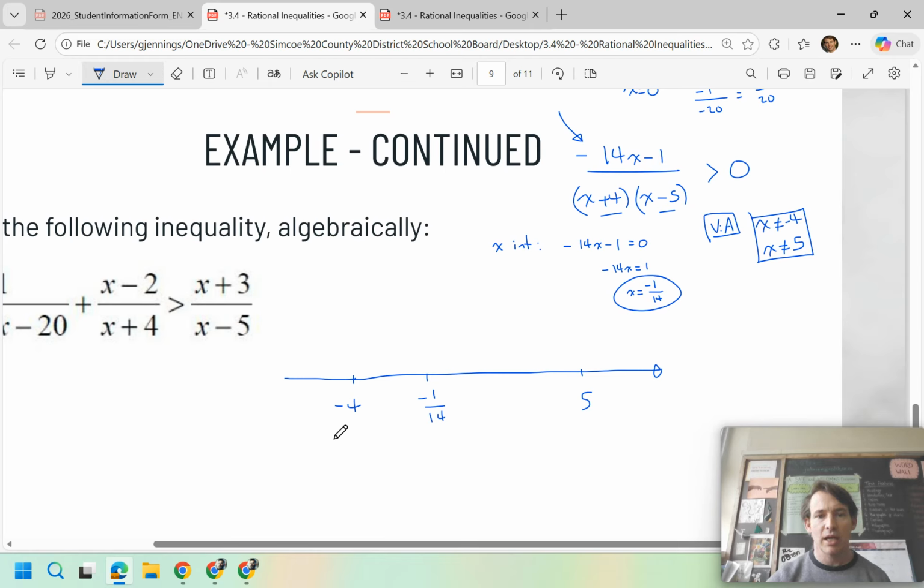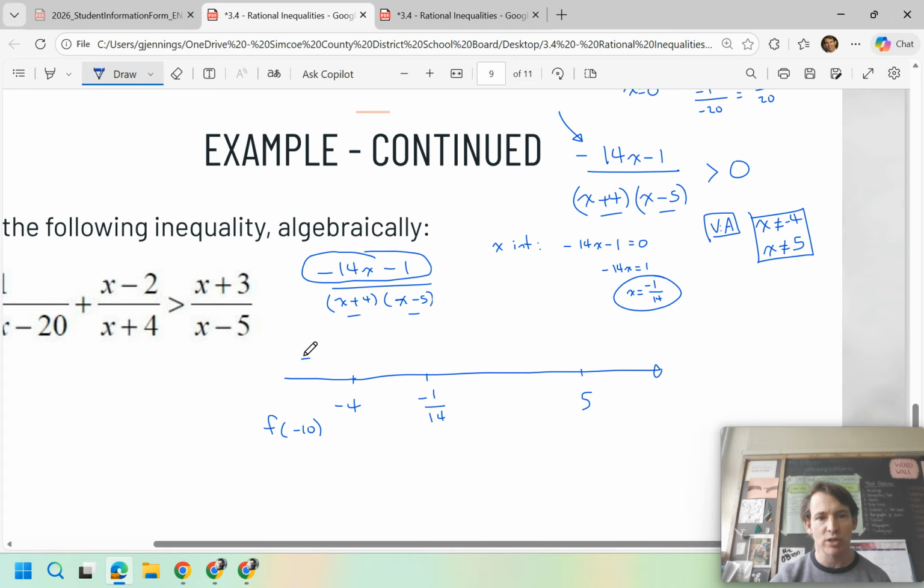And so I'm just going to copy out my function again, minus 14x minus 1 over x plus 4 times x minus 5. And I'm just going to test in that with things like f at minus 10. F at minus 10 gives me an enormously positive number here. And then this is negative and that's negative, so negative times a negative is a positive.